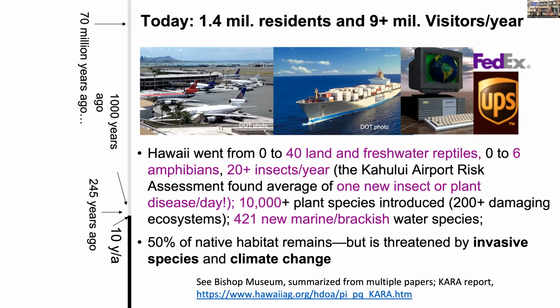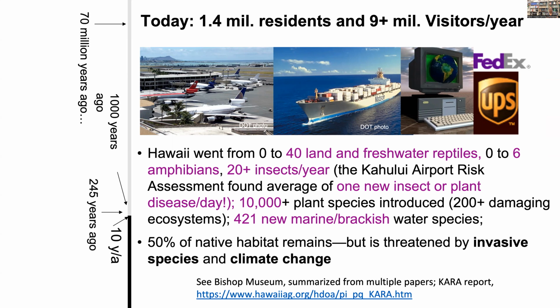They super-staffed the airport for a few weeks, I think it was like a 6-week term, and they opened and looked in all of the air cargo and air passenger spaces coming in, and found an average of 1 new insect or plant disease, not known to occur in Hawaii, arriving per day at an airport that receives less than 2% of incoming air cargo. You can imagine what's going on down at Honolulu Harbor, where we get all of the big container ships, all of the air cargo.